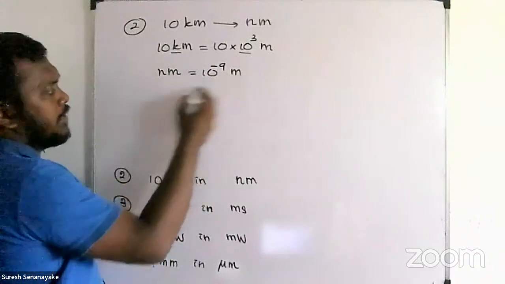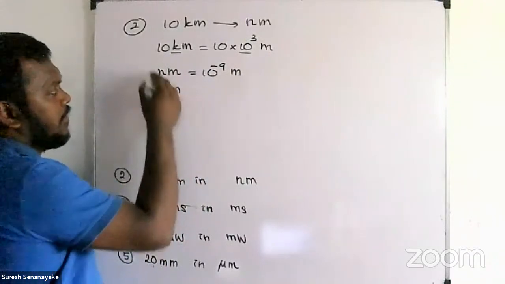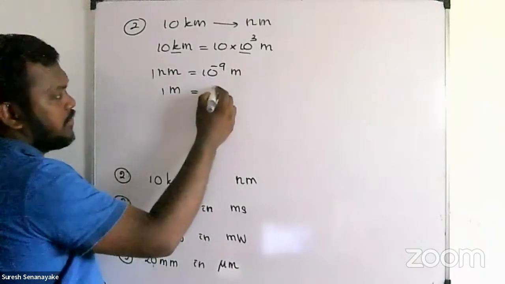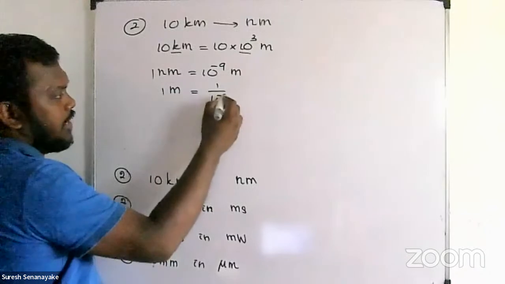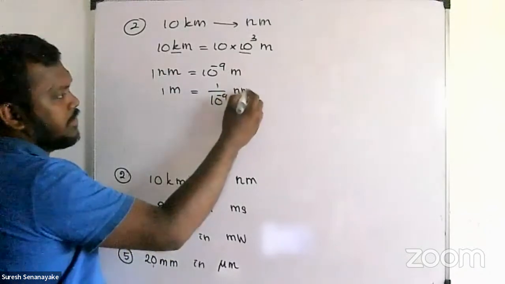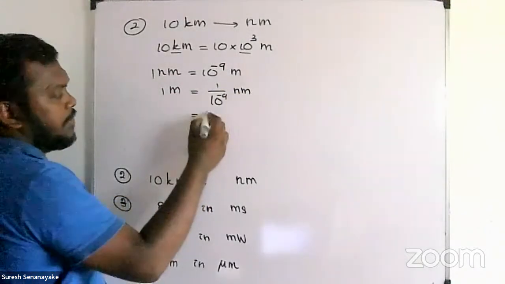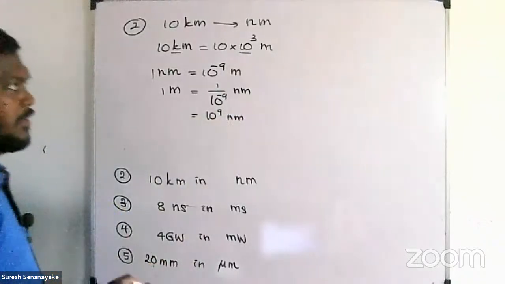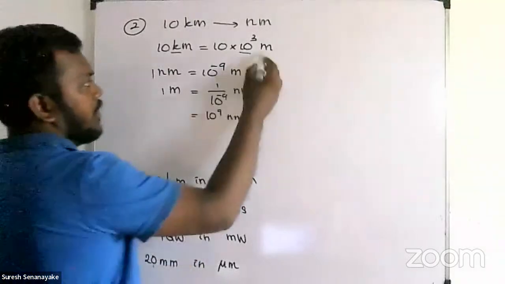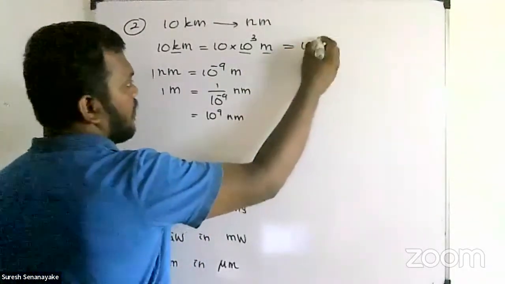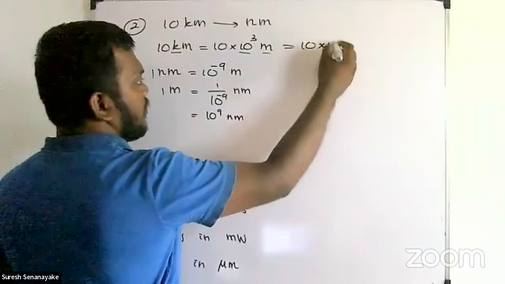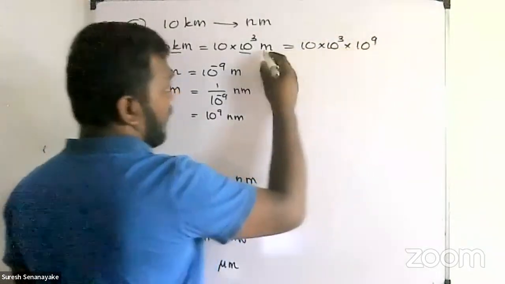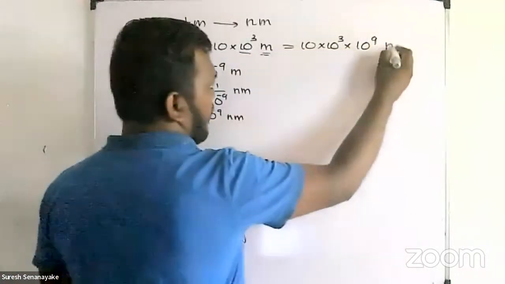So 1 nanometer is this much, and 1 meter you divide this by this: 1 over 10 to the minus 9 nanometers. So this comes up as 10 to the 9 nanometers. So instead of meter here, you can substitute 10 to the 9 nanometers. 1 meter is equal to 10 to the 9 nanometers.